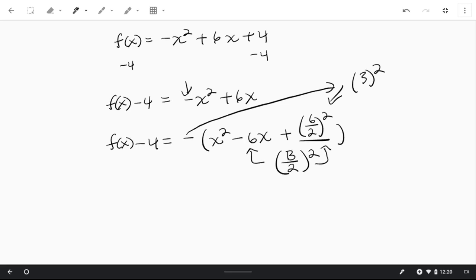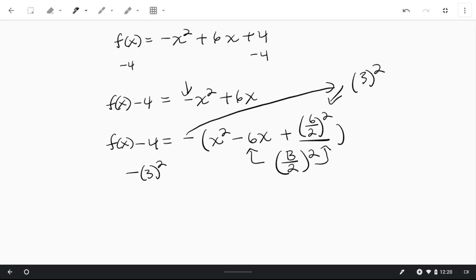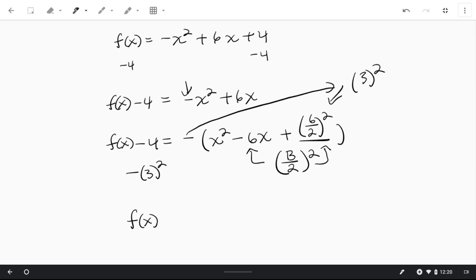So if we are putting a negative 3 squared on that side, then we have to put a negative 3 squared on the other side. All right. So this is what we end up getting. f of x minus 4 minus 9.